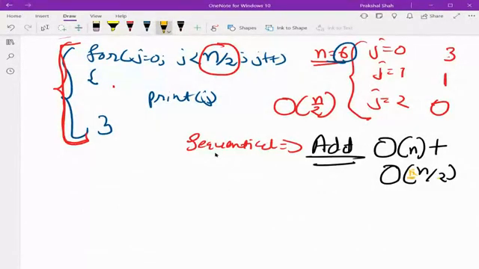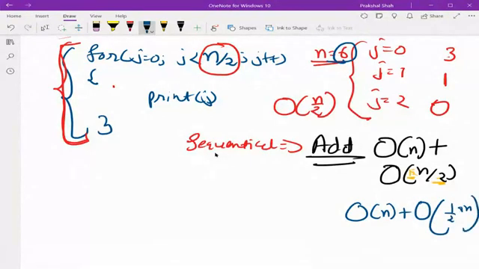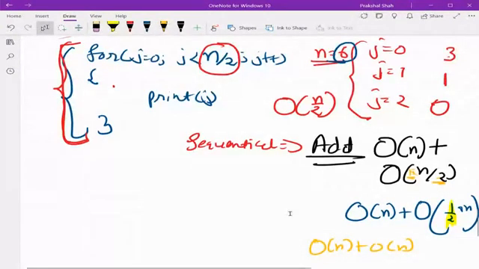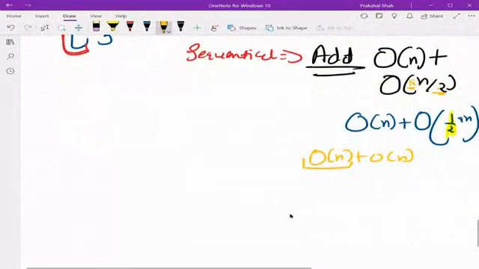So can I ignore this 1 by 2? What I mean to say is that this is my order of n plus, can I write it like this, 1 by 2 into n? So can I ignore it na? This term can be ignored na? So can I write it like order of n plus order of n? So this is nothing but whichever is max of them, both are the same term na.